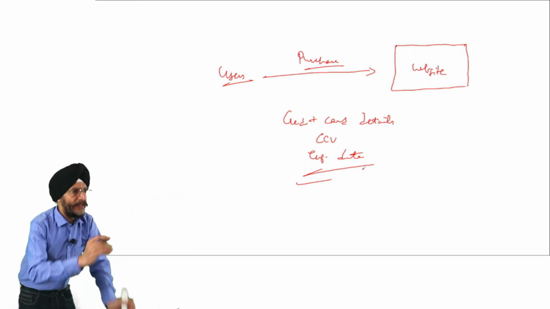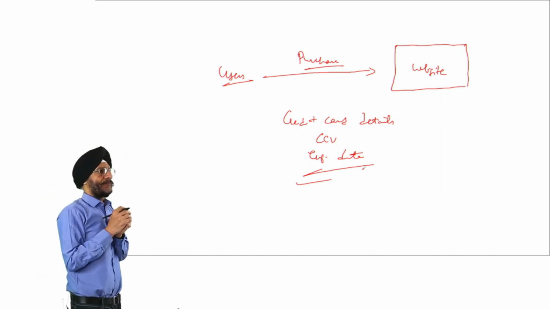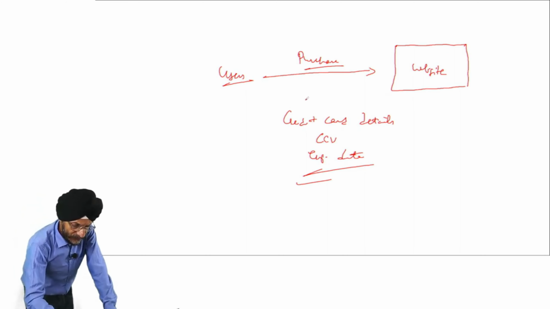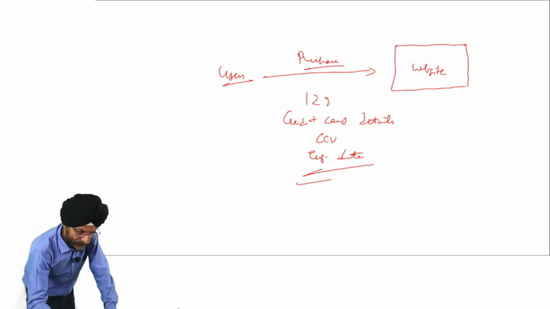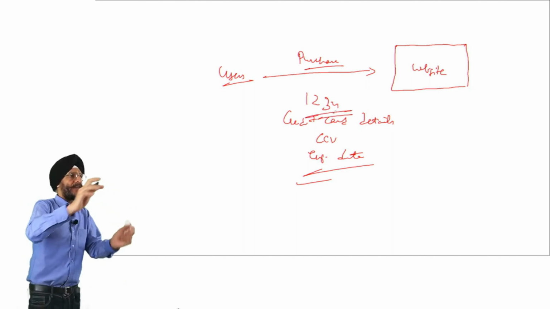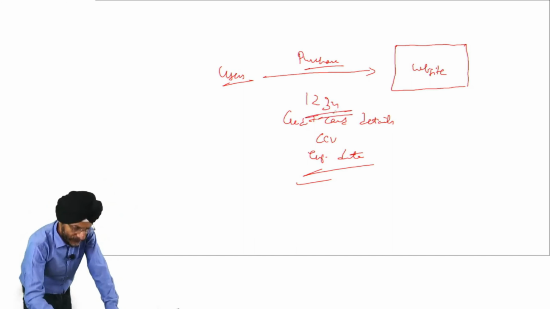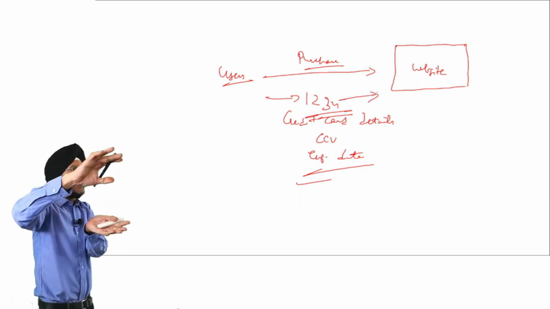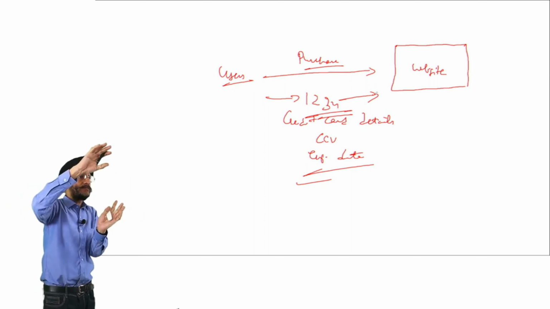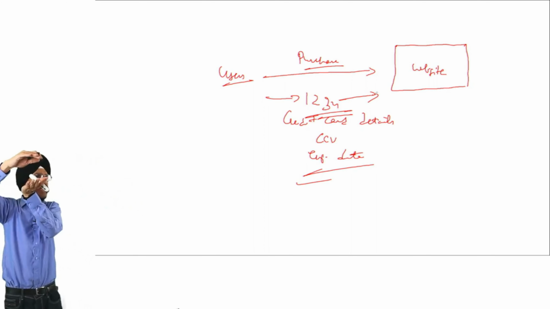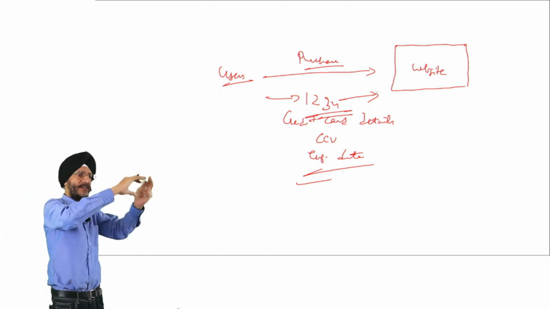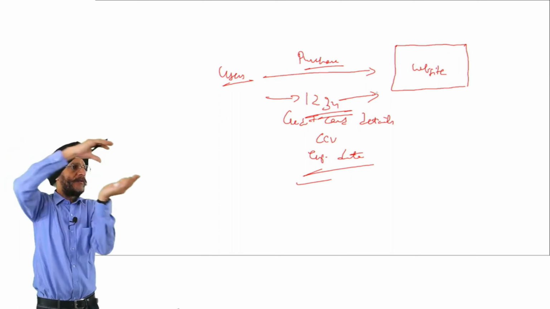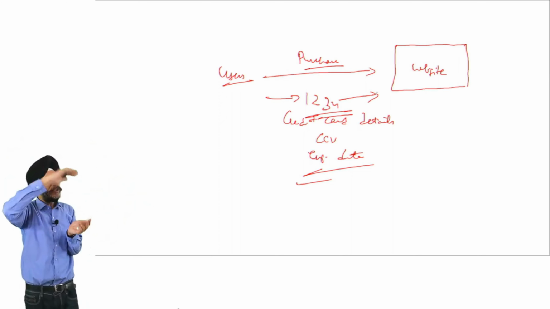So what is happening? It is all happening on the internet. So if the communication is such, like say we are entering the credit card details 1 2 3 4, and this information is going from user to website. If it happens in the normal course, this communication takes place as it is. That is, the information being entered is transported as it is from the user's computer to the website.